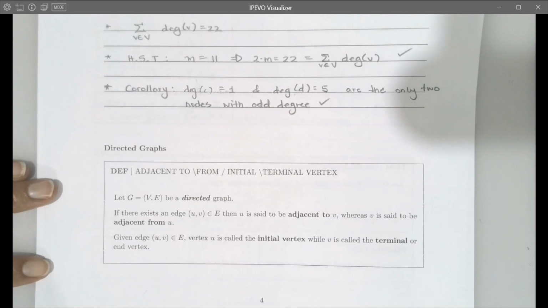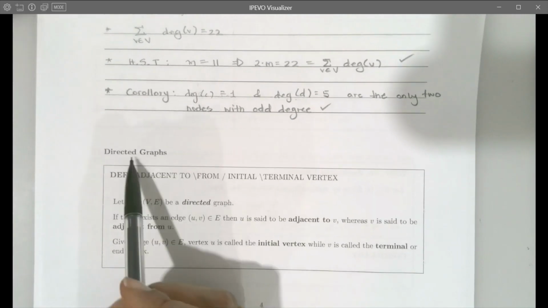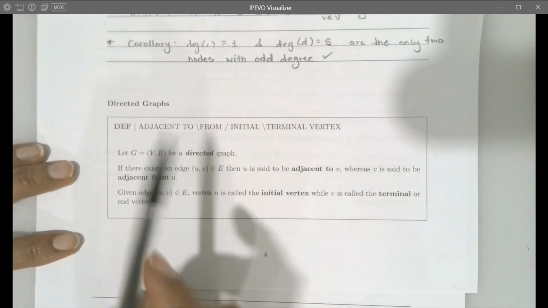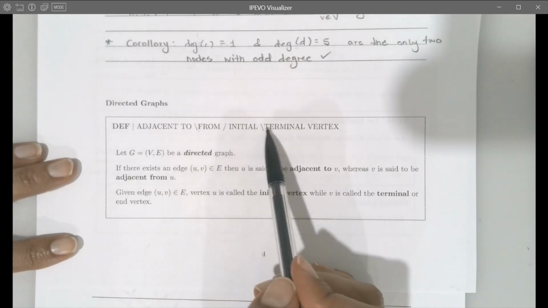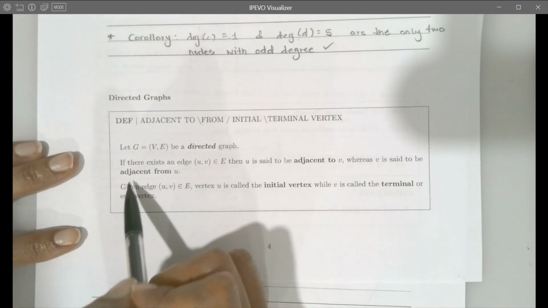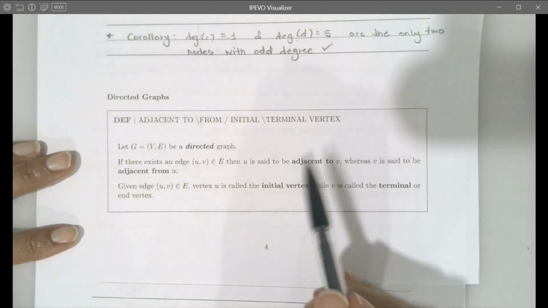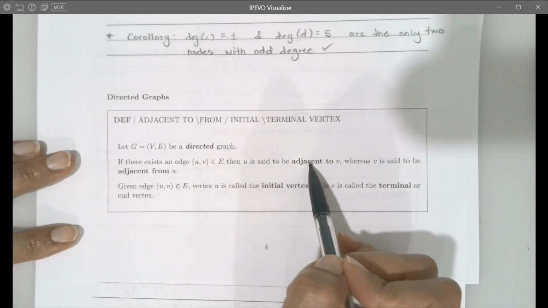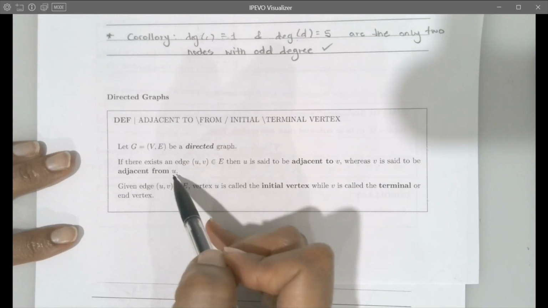Now, we talked about undirected graphs. Let's talk about directed graphs, beginning with the definitions adjacent to or from and initial or terminal vertex. So we're going to let G be a directed graph. If there exists an edge u comma v in the set of edges, then u is said to be adjacent to v, whereas v is said to be adjacent from u.